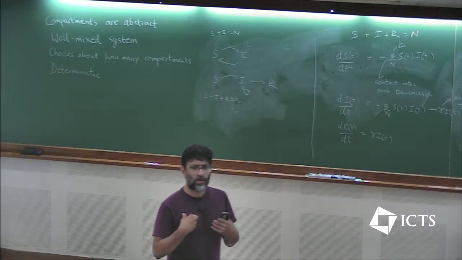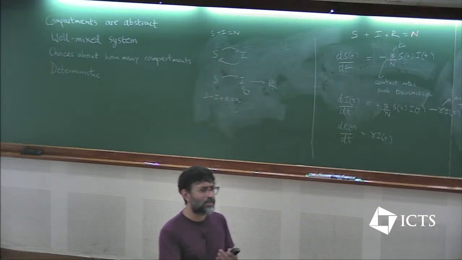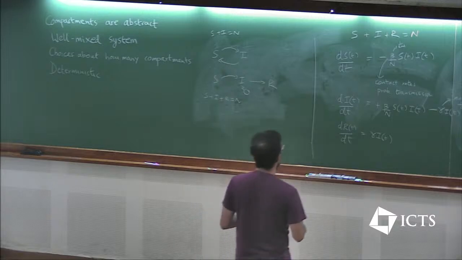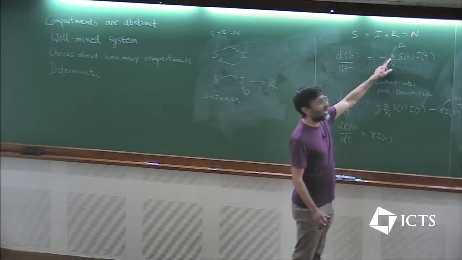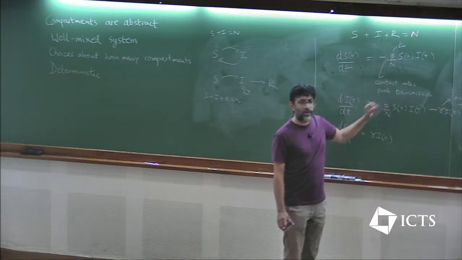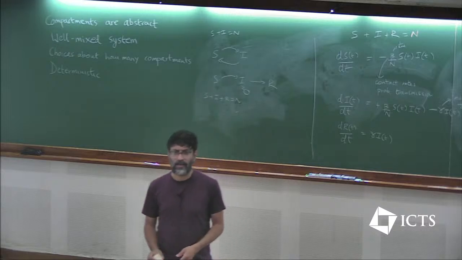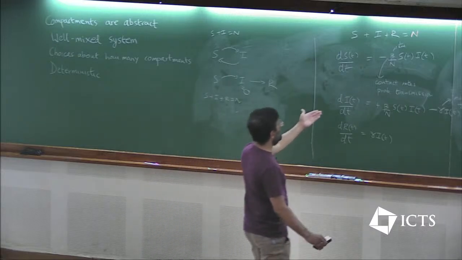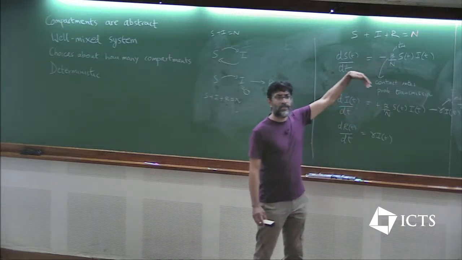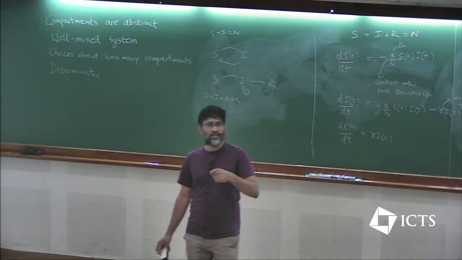We're talking about chance encounters. There is a rate that defines on average how often these encounters happen and how often a transmission happens, but each event is actually stochastic.